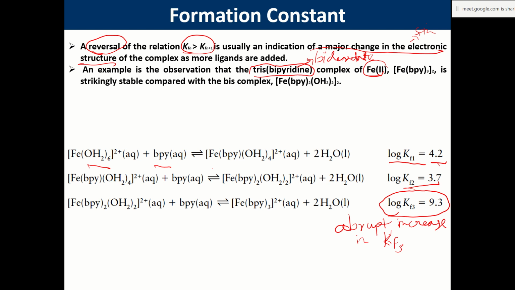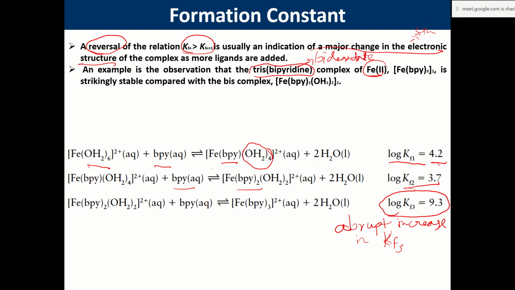Initially, in the case of water, it is a high spin complex, and then bipyridine binds. One bipyridine binds, and there are still four water molecules associated with it. Another bipyridine comes in the second step.